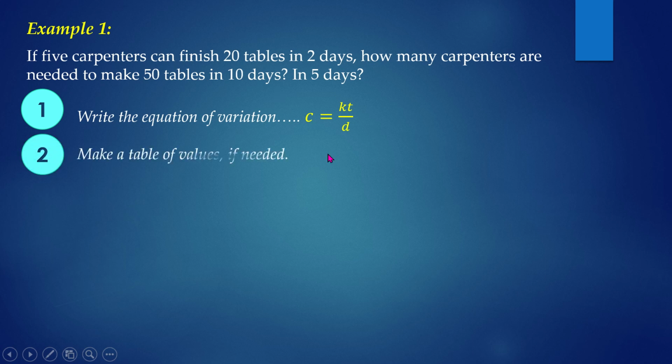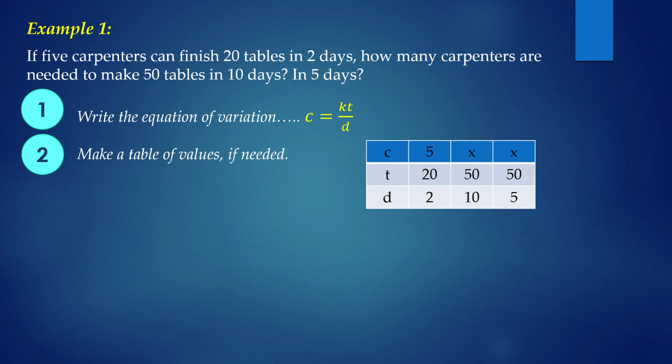Second step, make a table of values if needed. Okay, para ma-clarify nato ang mga quantities involved. We have there the number of carpenters. First set, there are 5 carpenters to finish 20 tables within 2 days.